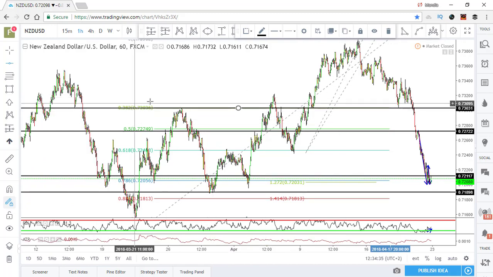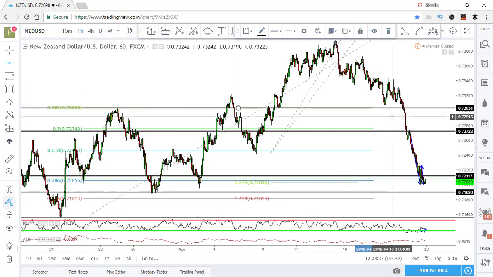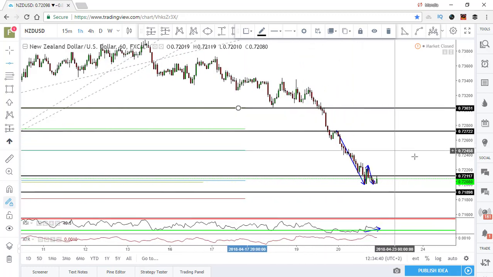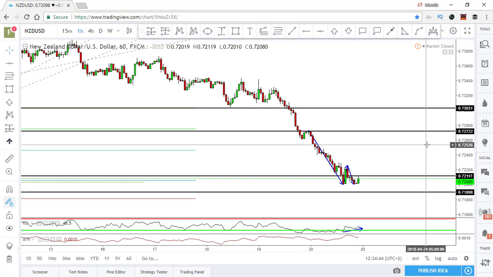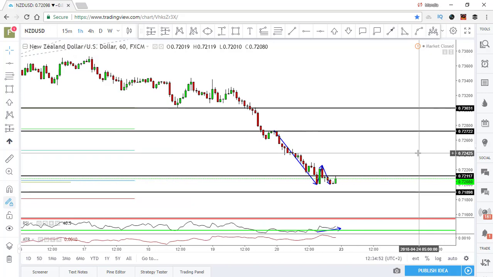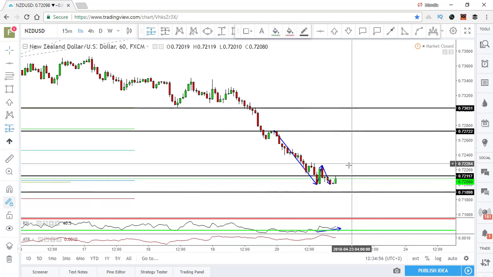You see there's some significant structure levels right over there. So first take profit at the 72 levels, and second take profit close to the psychological level, which is 7300.